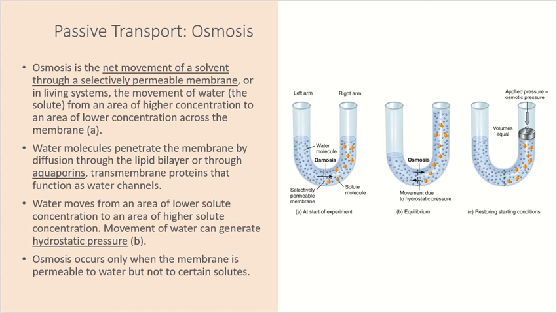Osmosis is going to occur only when the membrane is permeable to water, but is not permeable to our solute that we're trying to balance out here. So this membrane is permeable to water, but not our little orange diamonds here, our solute molecule.